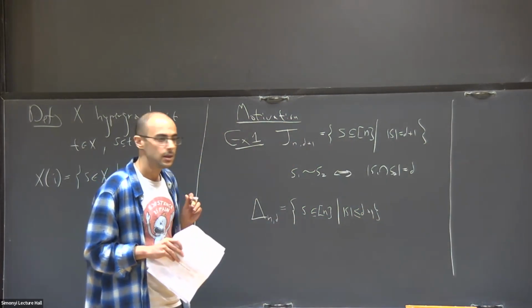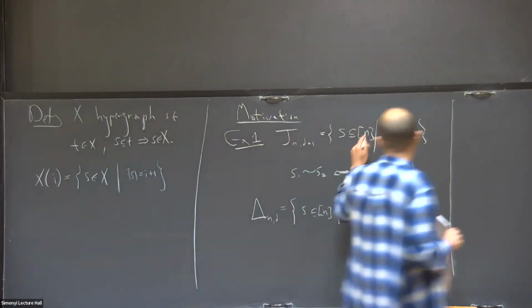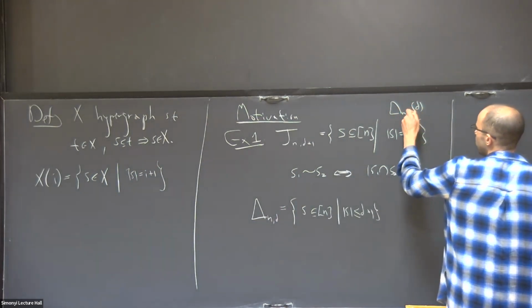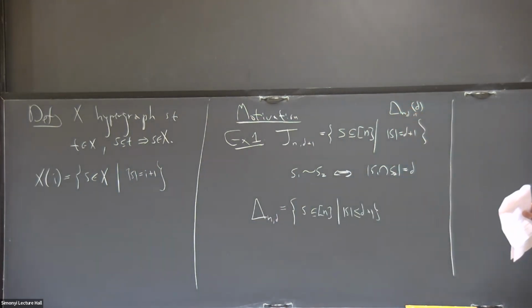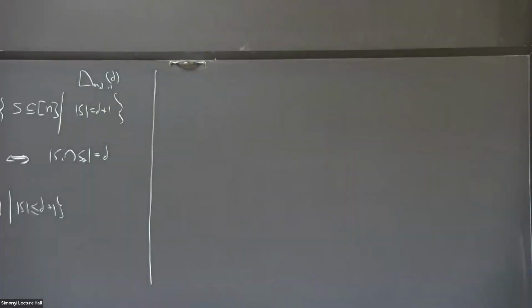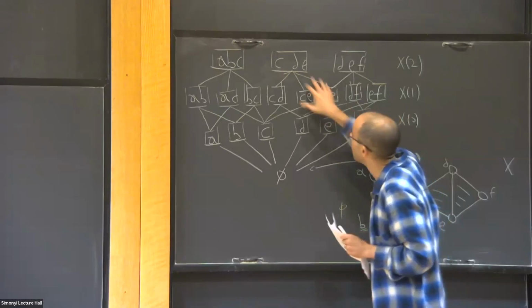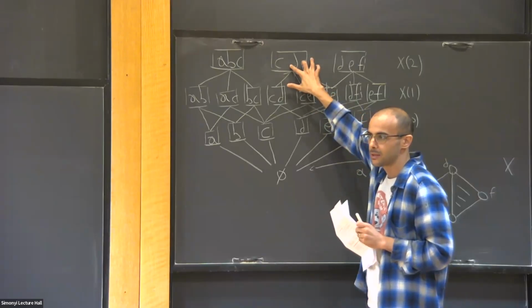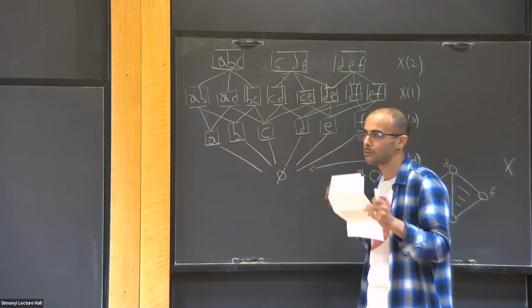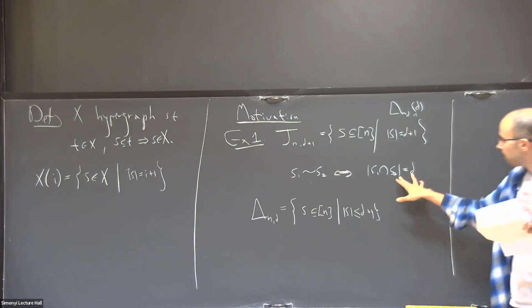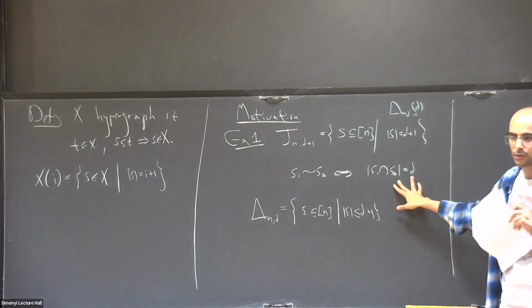So of course, this set over here is all the d sets or d faces inside this complete complex. And this walk really describes me going from a d+1 face down to a d face, and then up to another d+1 face, right? Because if I do that, I will just arrive at a random face that intersects my set in d vertices.